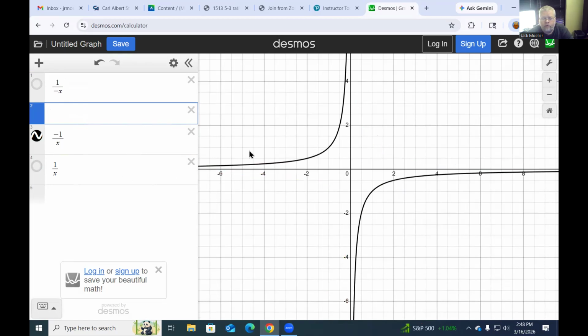So there is a vertical flip. Okay, so red is 1 over x. If we vertically flip it, take this side, flip it down, take this side, flip it up. But let's see what happens when I flip it horizontally. Notice it doesn't look like there's a new curve. I take the vertical flip away. The vertical and horizontal flip of 1 over x looks exactly the same because of the symmetry.